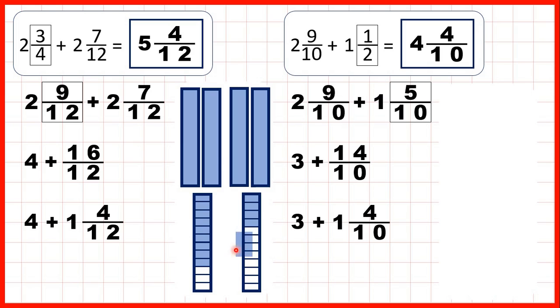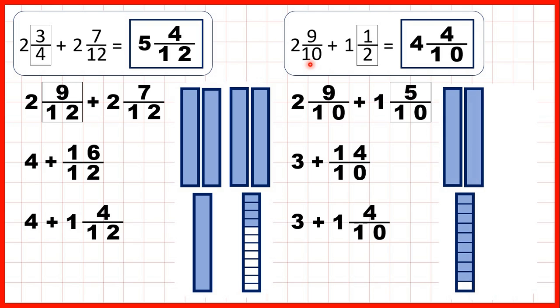Then, when we added the 7/12, we got 16/12. But we couldn't write 4 16/12 as our answer because we can't have an improper fraction in a mixed number. So instead, we changed those 16/12 into 1 whole and 4/12. That meant that we had 5 wholes altogether and 4/12.